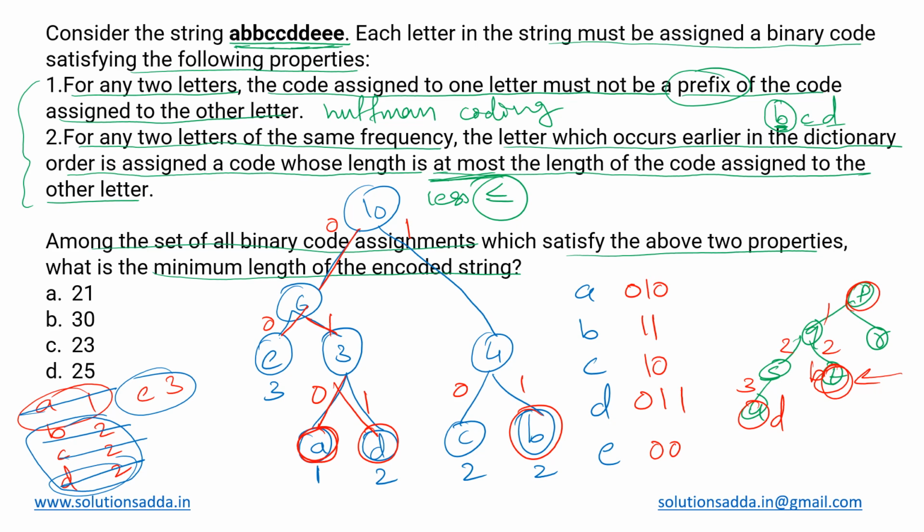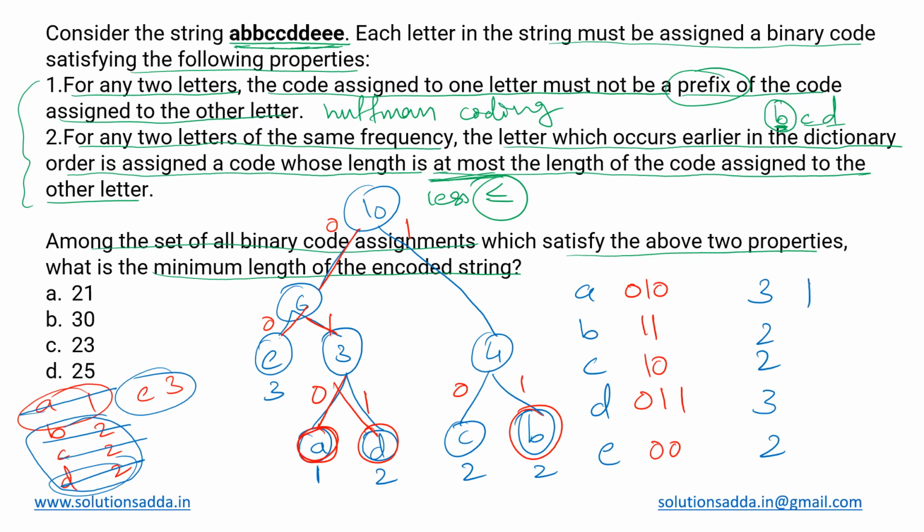Now, in order to find out the length of the total encoded string, what we'll do is multiply the length of these encodings with their frequency. So for A, the length of its encoding is 3, then 2, 2, 3, 2. These are the lengths of their encodings, and now we will write down their frequency next to it. Frequency of A was 1, B, C and D was 2, and for E it was 3.